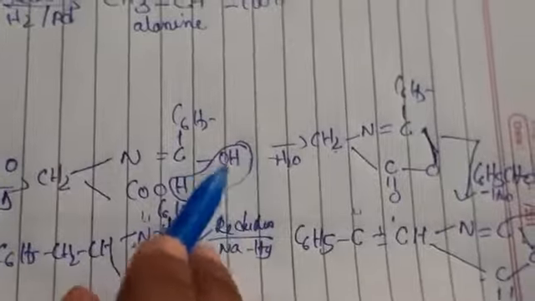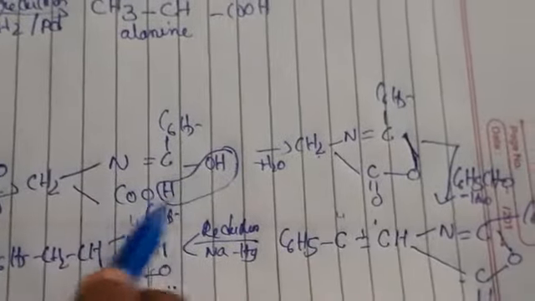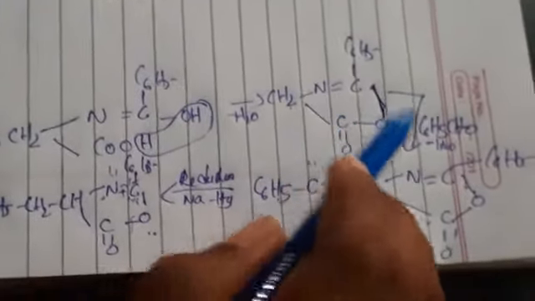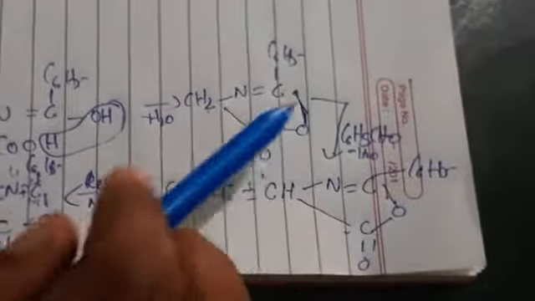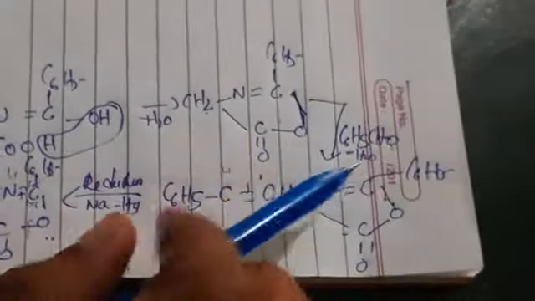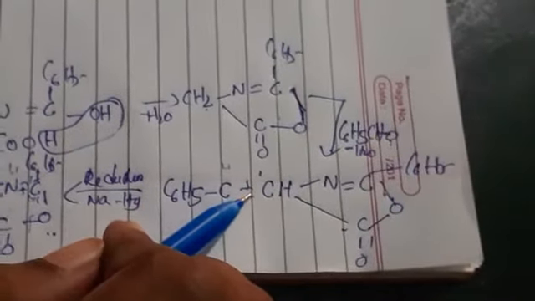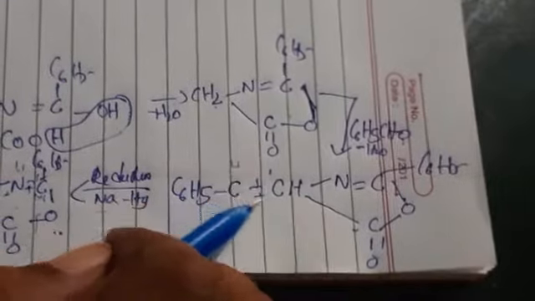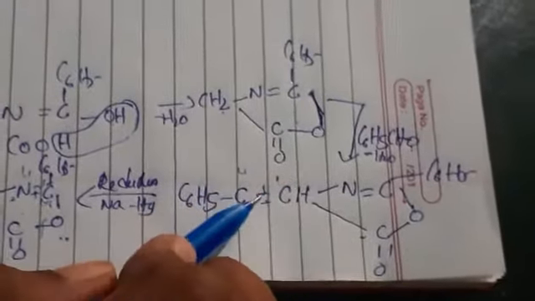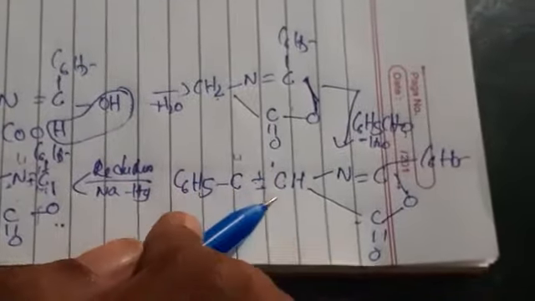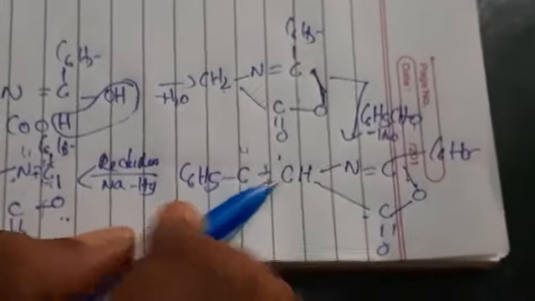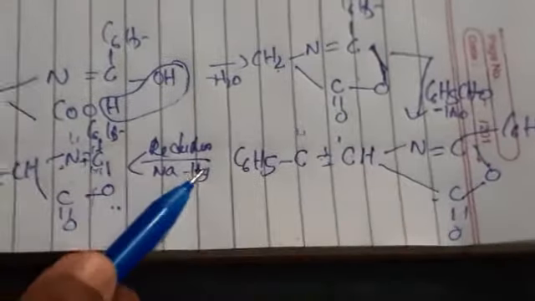If there is a loss of water molecule, automatically there will be formation of a bond. So when we add benzaldehyde, here H plus and here OH, a water molecule will be lost, you will be getting a double bond here. Okay, so whenever it is losing a water molecule, there will be formation of the double bond. Then afterwards you will be getting reduction.